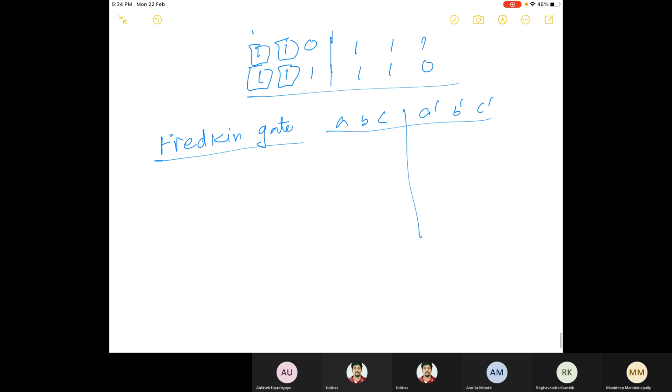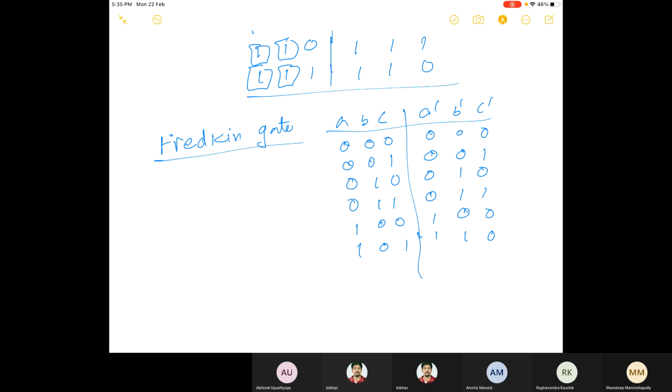If you have 0, 0, 0, then you get 0, 0, 0. 0, 0, 1 goes to 0, 0, 1. 0, 1, 0 goes to 0, 1, 0. 0, 1, 1 gives you 0, 1, 1. 1, 0, 0 gives you 1, 0, 0. 1, 0, 1 gives you 1, 1, 0. 1, 1, 0 gives you 1, 0, 1. And 1, 1, 1 gives you 1, 1, 1.